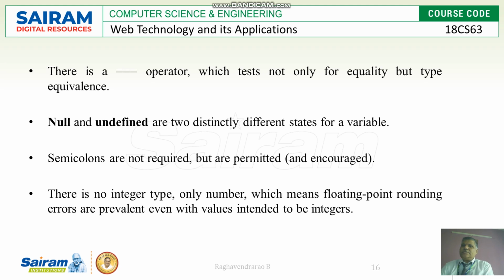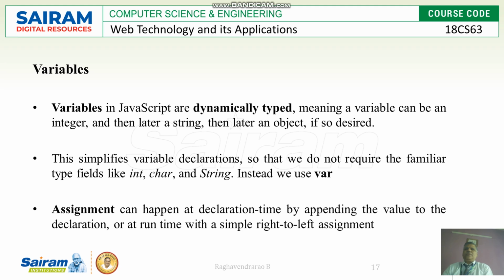There is no integer type, only number, which means floating point. Rounding errors can appear, even with values intended to be integers. There is a possibility of errors, and how to avoid them we can learn. There are also many built-in functions we can learn.